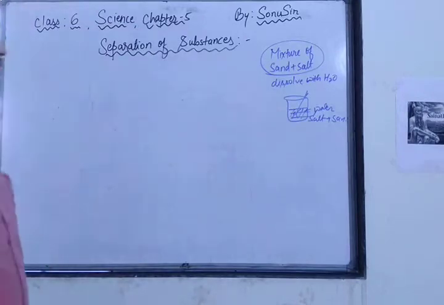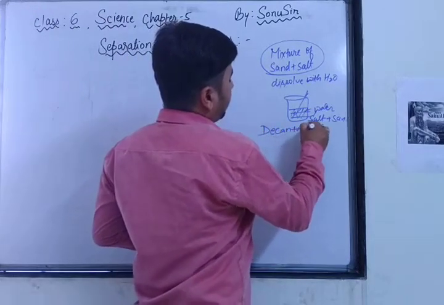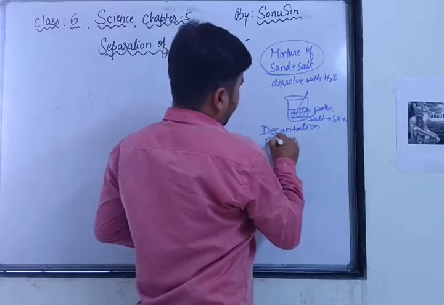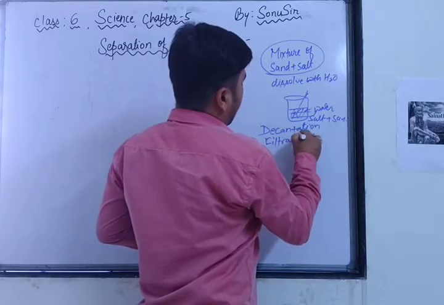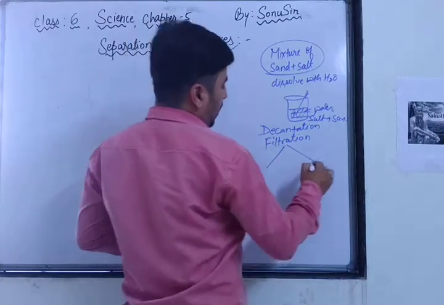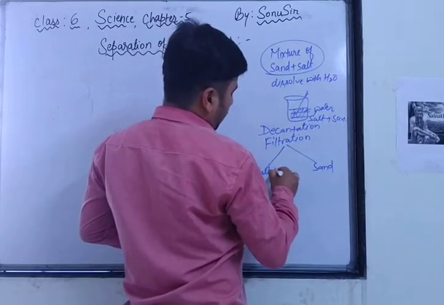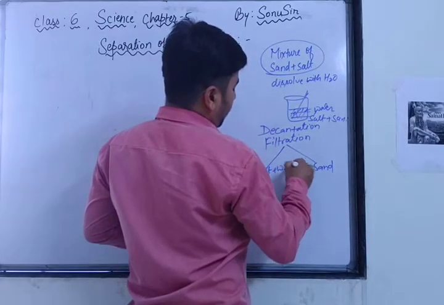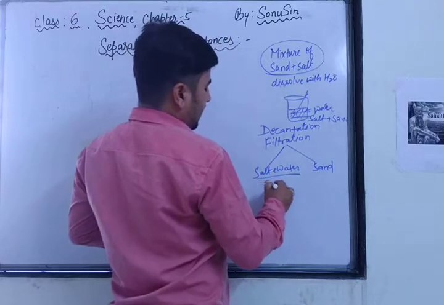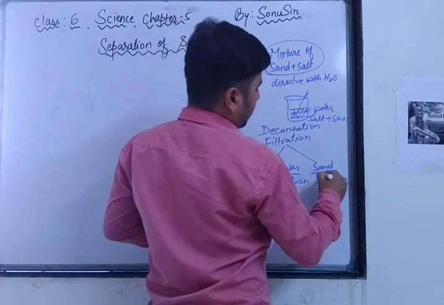After that you have done a process called decantation, with the help of decantation and filtration. You have separated it into two parts: sand on one side, and salt plus water on the other side. With the help of filtration and decantation, sand is separated.